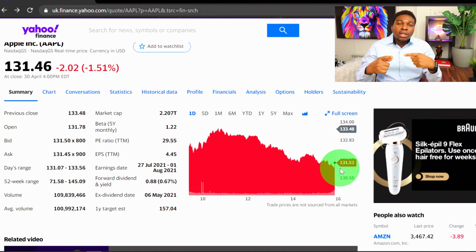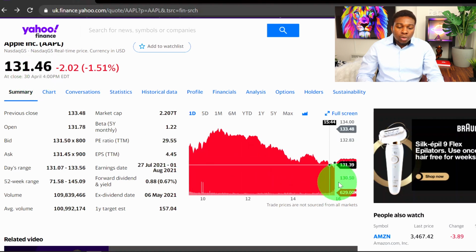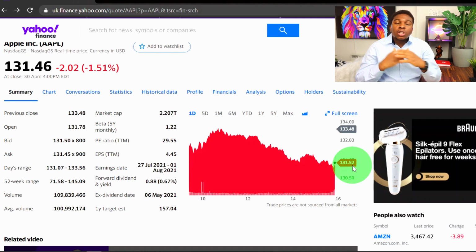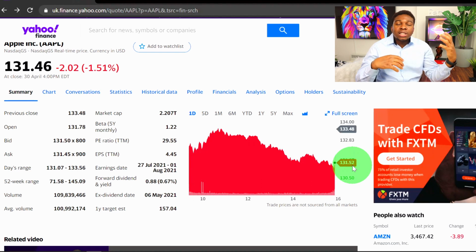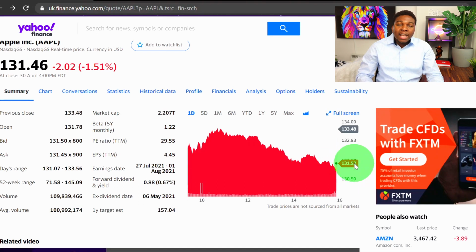Because they're still trading, even when the market is closed, there tends to be a fluctuation from the Friday price you are seeing here to the Sunday price. So this is the Sunday price now, 131.52. When the market is closed, you cannot buy or sell shares. But for people that have already set their order, they can still buy and sell. So the market moves for them.